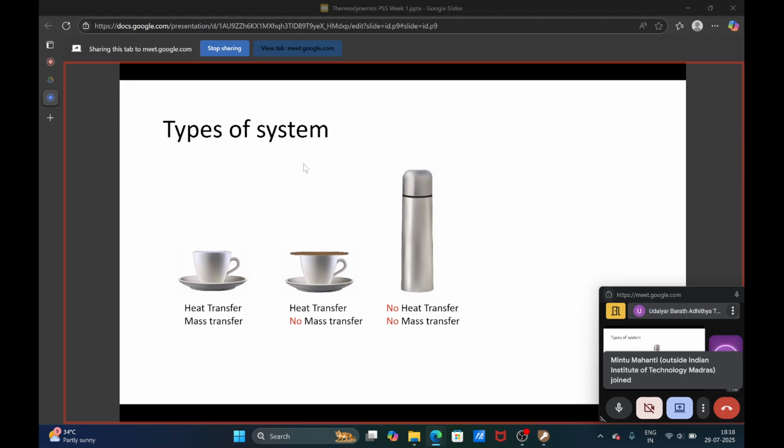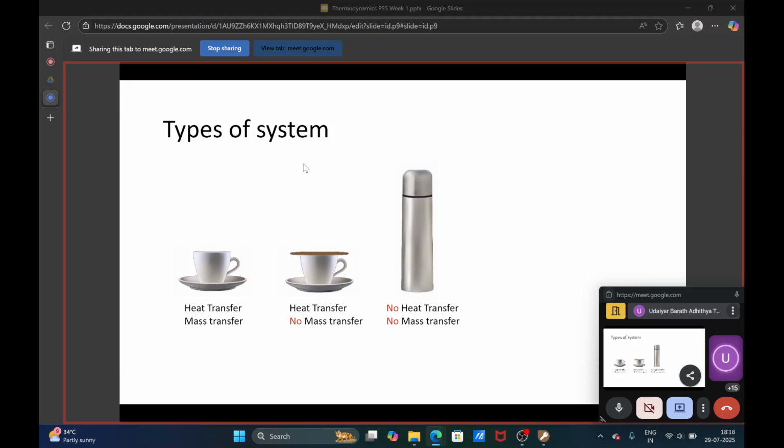So the system can vary based on how the system is perceived. As I told previously, you have a balloon which you are inflating. If you assume the balloon is your system, it will become a control volume, open.